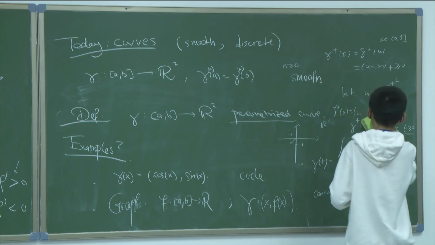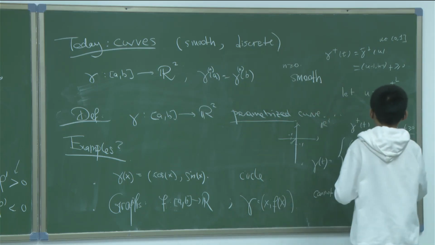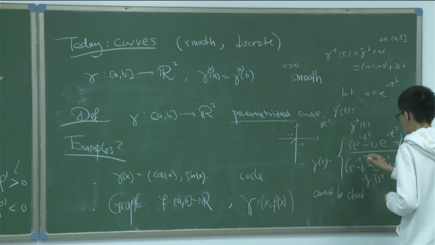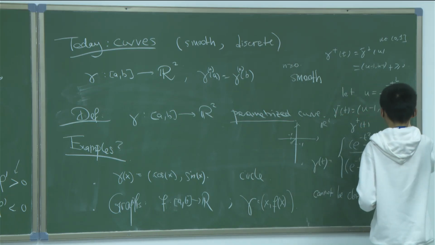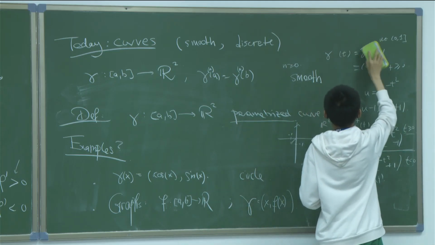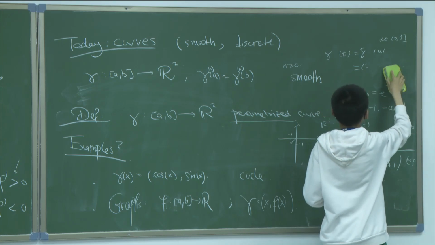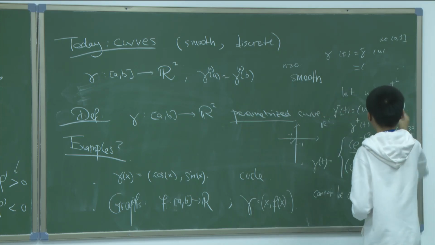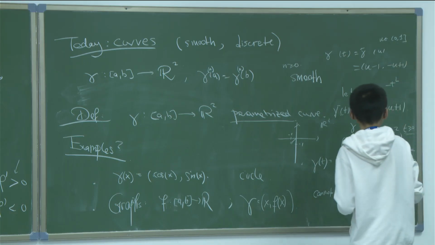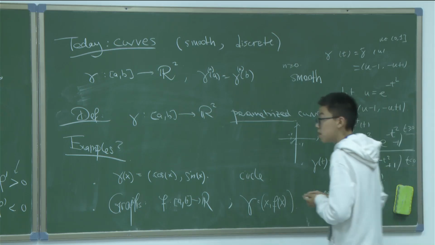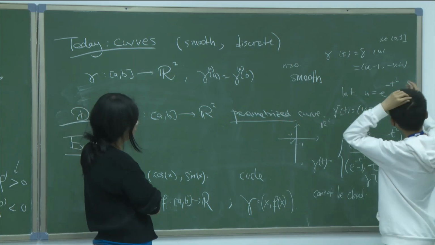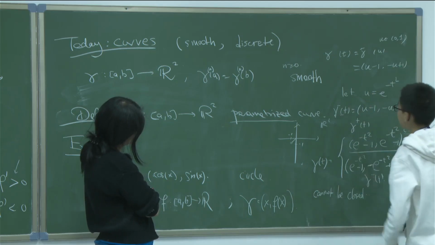Gamma minus t equals this, u minus 1 to u plus 1. And in this case also u in 0, 1. With t, and t is 0, so in this case u in 0, 1, right?